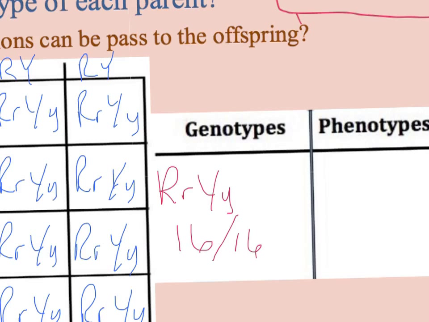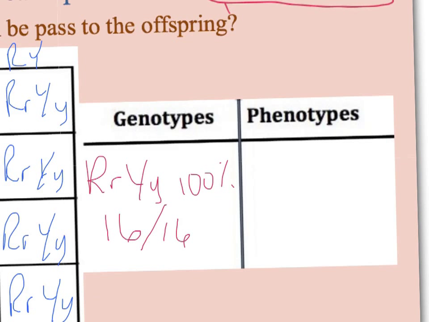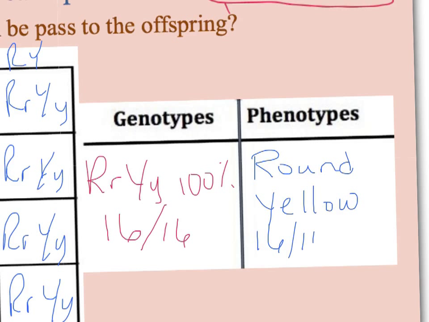So everything has that same genotype. So it's 100% of that genotype. So the phenotype, since I've got a big R, we know that is going to be round, and a big Y, we know they're going to be yellow. And again, every single one is like that, so we've got 16 out of 16 like that, or 100%.